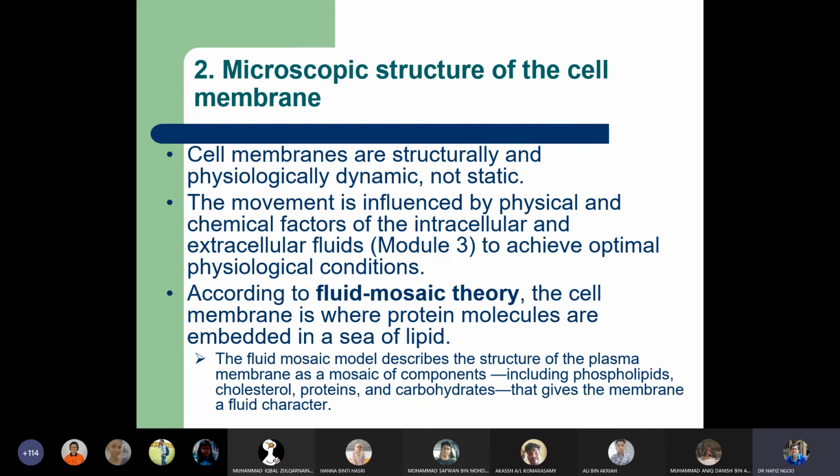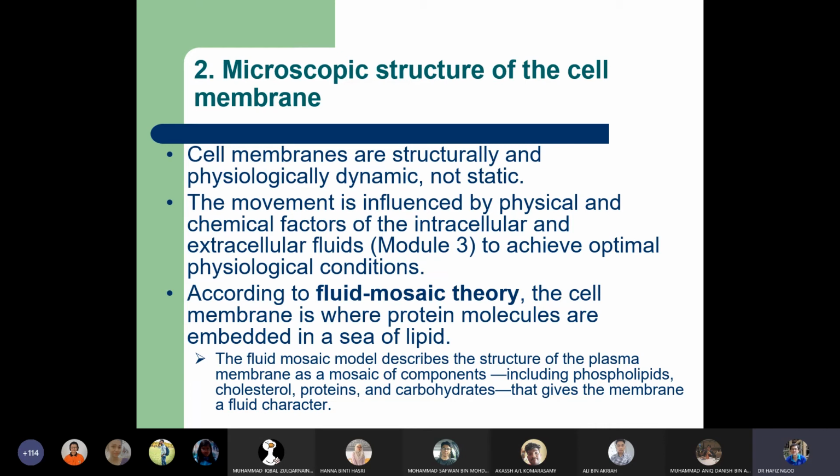Now we look at the microstructure of the cell membrane, and we know that structurally the cell membrane is not static, which means it is not just like a piece of plastic that covers the cell. It is dynamic, and it can be influenced by physical and chemical factors, and the movement also influences it to provide an optimum physiological condition.